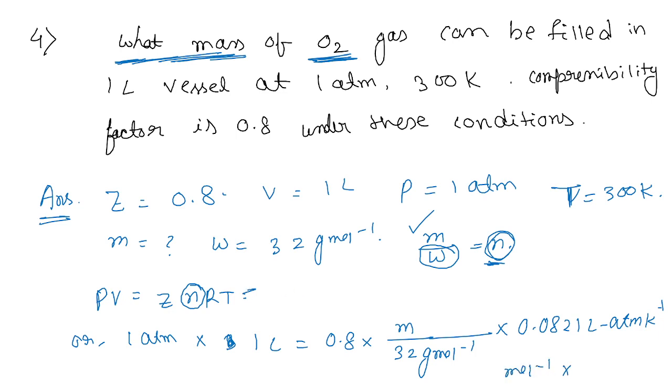Now I'll put the value of temperature. What did they provide? 300 Kelvin. So what things are cancelled? Kelvin cancels, mole inverse cancels, liter atm cancels. Only the mass in grams remains, which means you are going in the right direction. Now you just solve it.